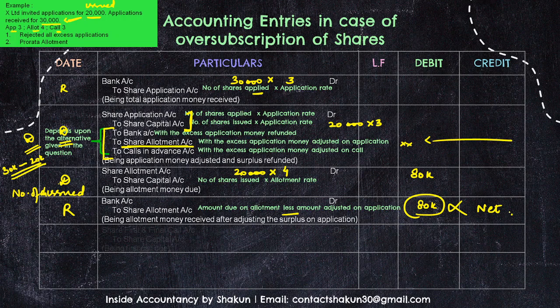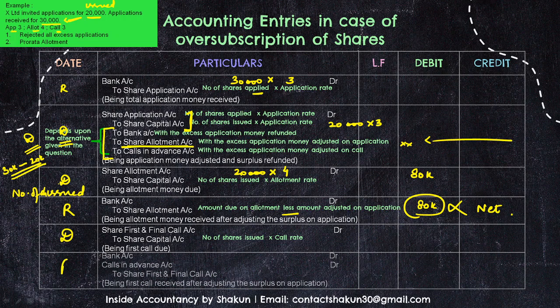Now the next entries will be the same. Again, we will pass the entry for the due of the first call, the number of shares issued multiplied by the first call rate. That's how we'll get the amount here. And then we'll have the receiving entry. In the receiving entry, again, you have to be very careful. You have to put the net amount here. In case any money is adjusted on call, that money has to be subtracted from here.